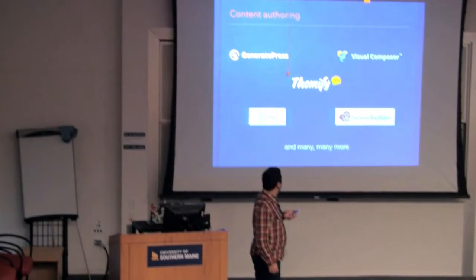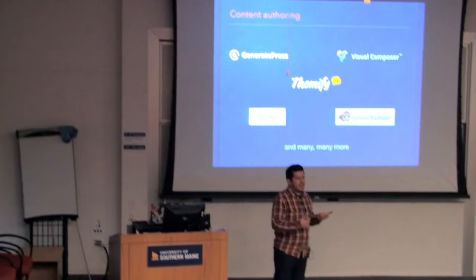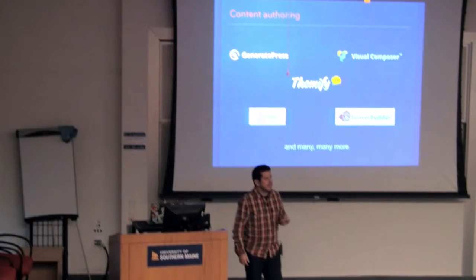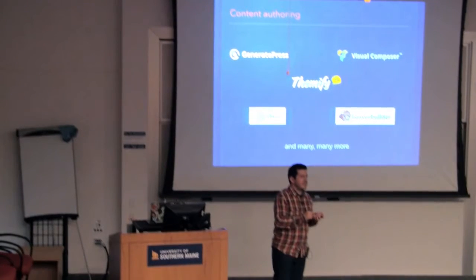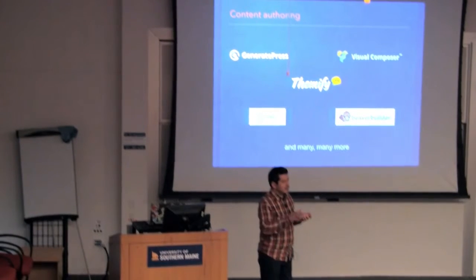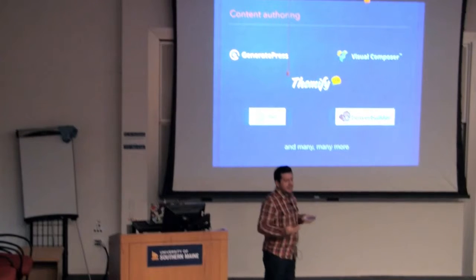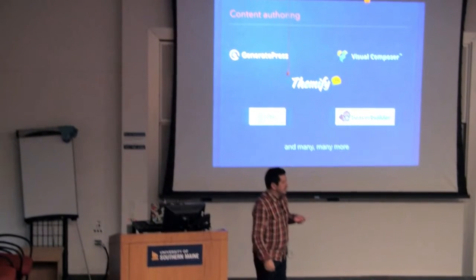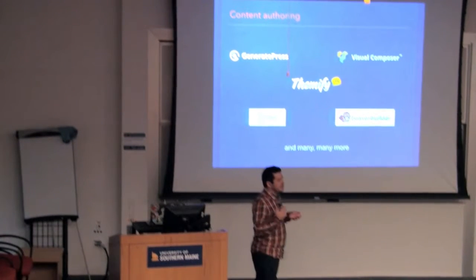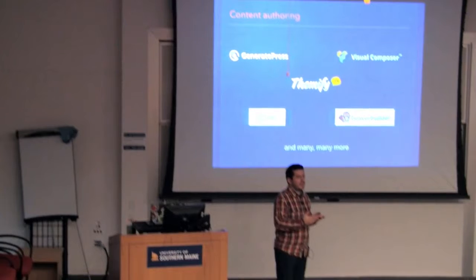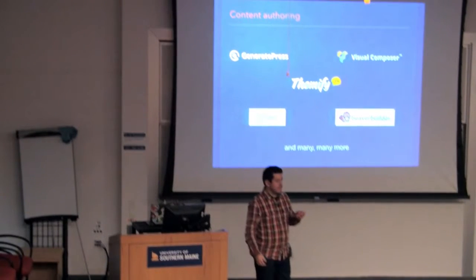I compiled here what I think are some of the best ones of their kind, but they all have one significant flaw. They're great, the thing is that they're not compatible between themselves. So when you start with one, you're stuck with that one for better or worse. You have to continue to use it forever.